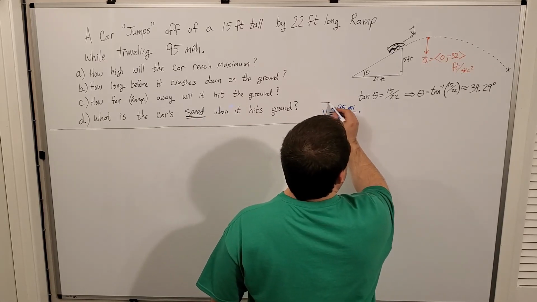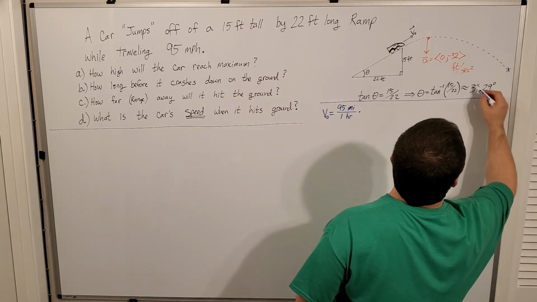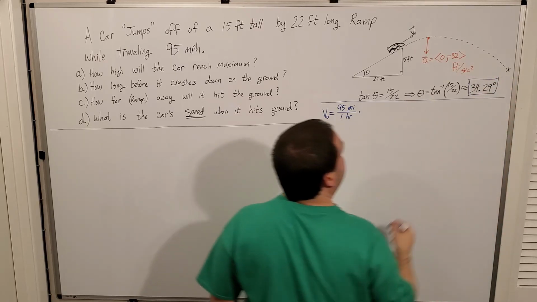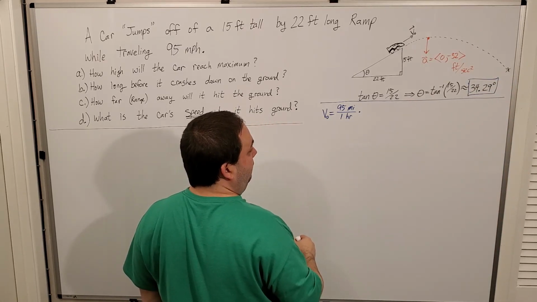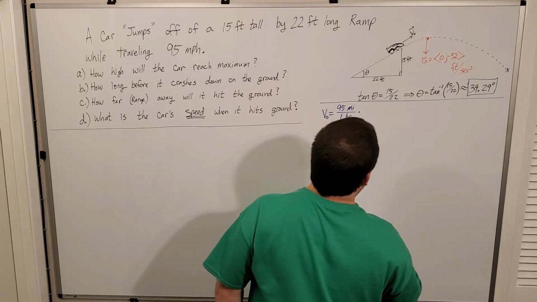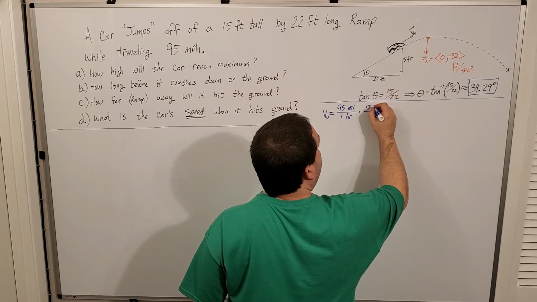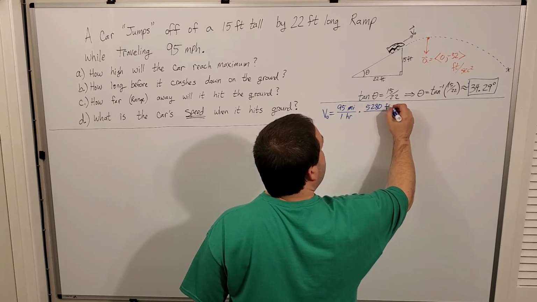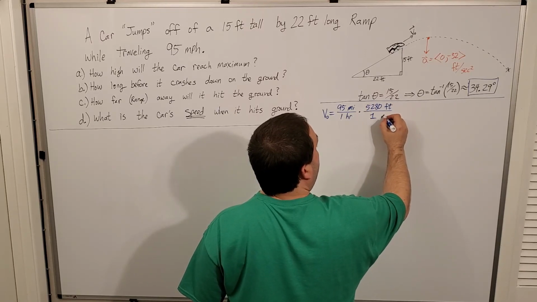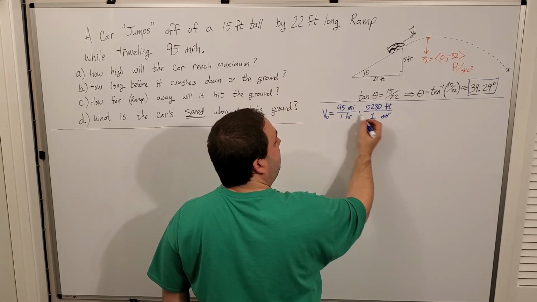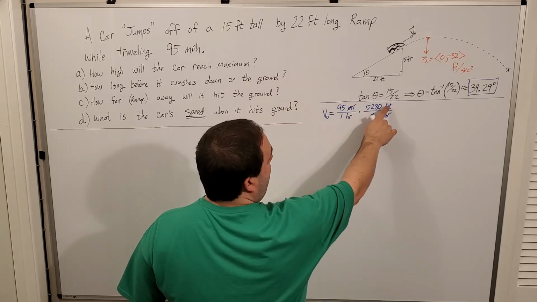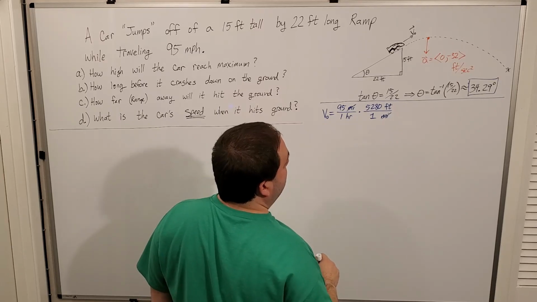Let's get our v naught converted in. There are 5,280 feet in 1 mile, so I can get rid of my mile unit, and now I'm in feet per hour.